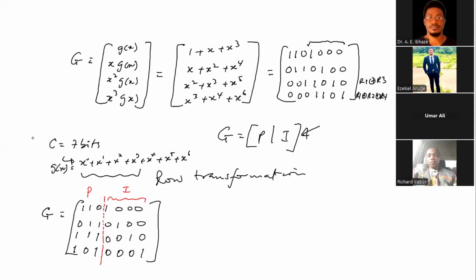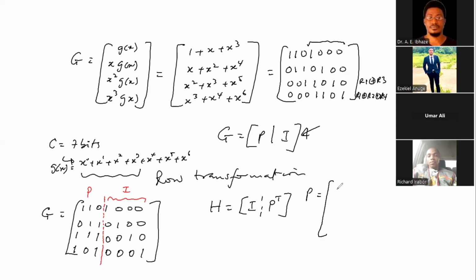Now that you agreed that this is clear, the next thing is to design the parity check matrix, which is H. And we know that it is the identity matrix and the inverse of the parity matrix. And we already know what the parity P is.